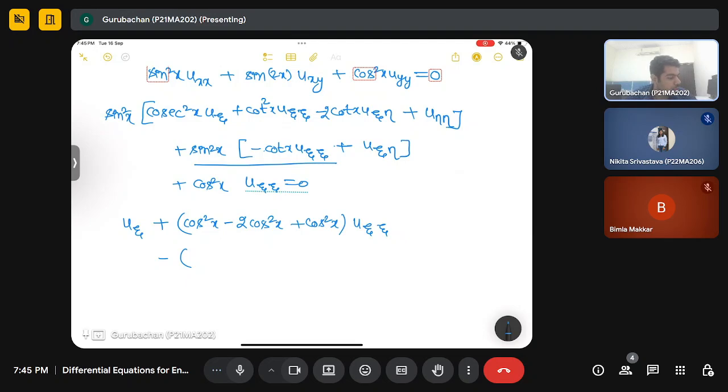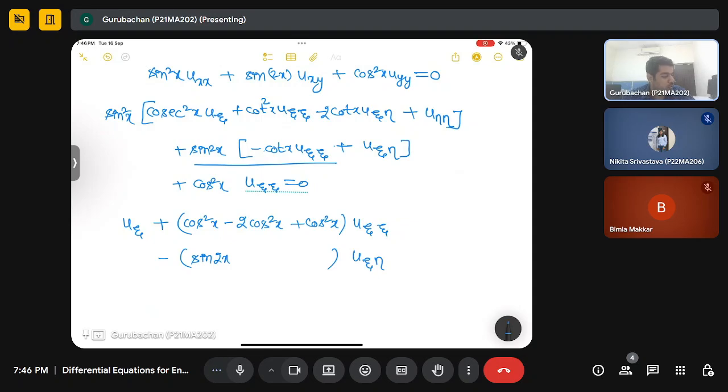Since here is a sine 2x kind of term, I might combine 2 cos x sin x as sine 2x, and the left expression will be divided by sin x, and one sin x will cancel out. So this will be sine 2x u xi eta. I'm writing u xi eta outside.